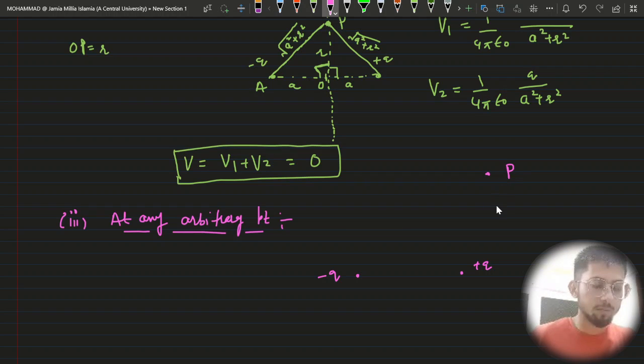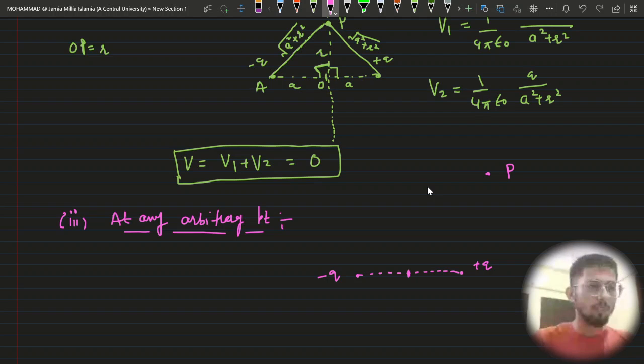This point is not on the axial line and also not on this equatorial line. So we call this any arbitrary point. You want to find the electric potential at this point.